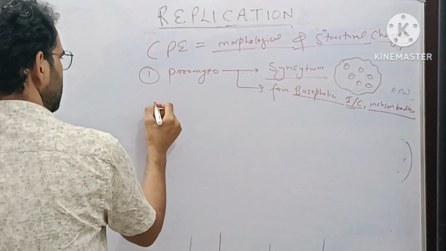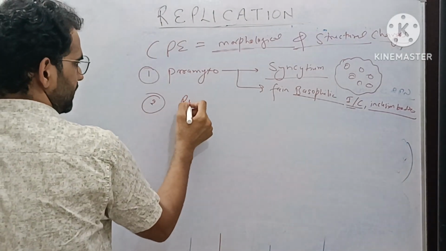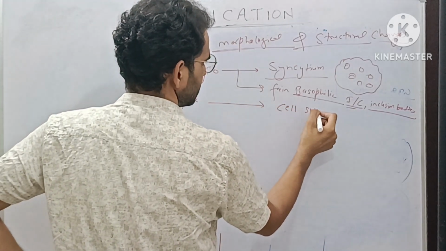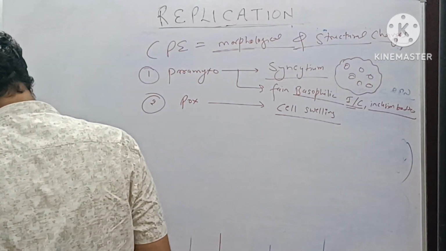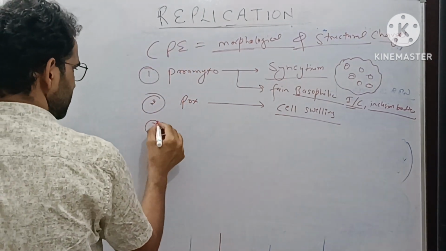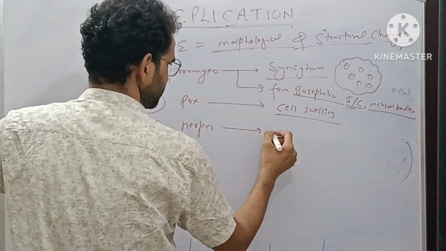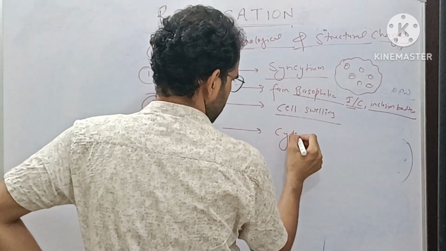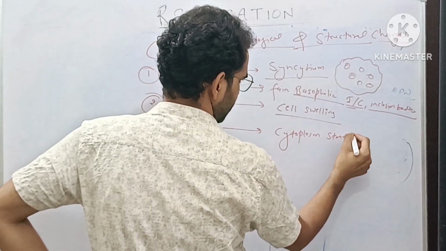Number two is pox viruses. Cell swelling is the cytopathic effect. Number three is herpes virus. This is stranding of the cytoplasm. The cytoplasm becomes like a strand.